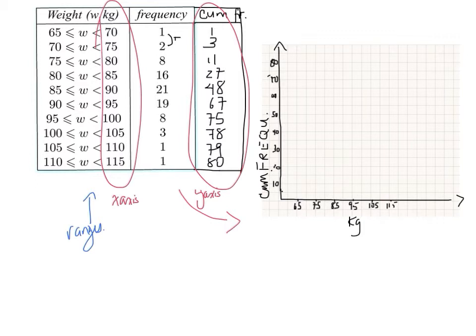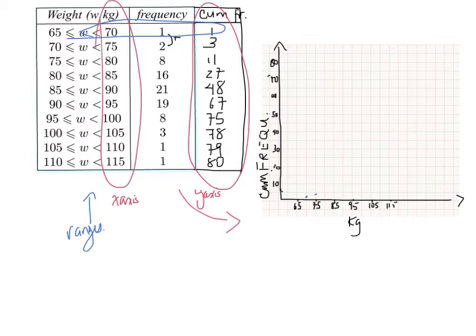Now I need to plot 70 against 1. I'm going to go across to 70 and up to about 1, which is going to be way down here if each of these blocks is worth 5. At 75, we've had up to 3 people, so it's a little higher.